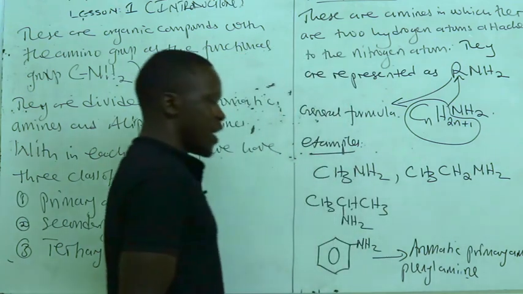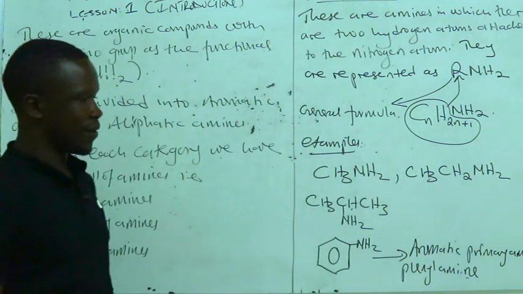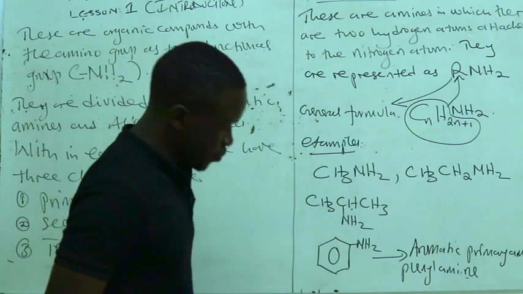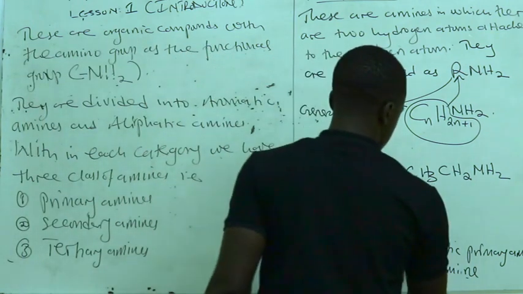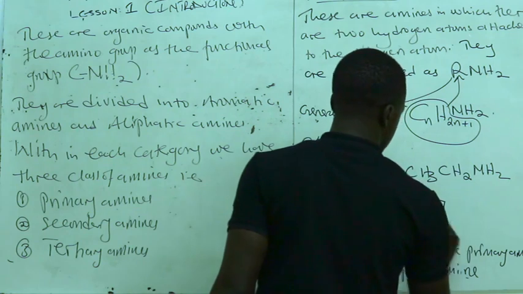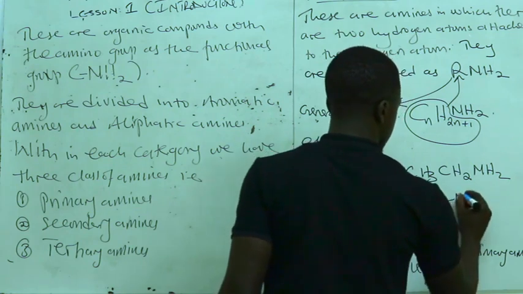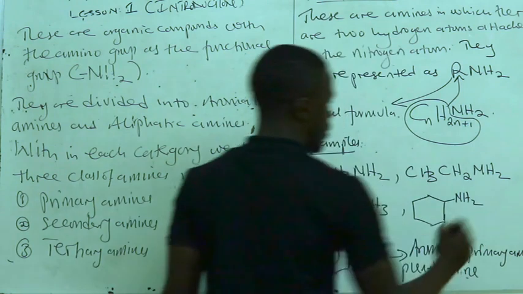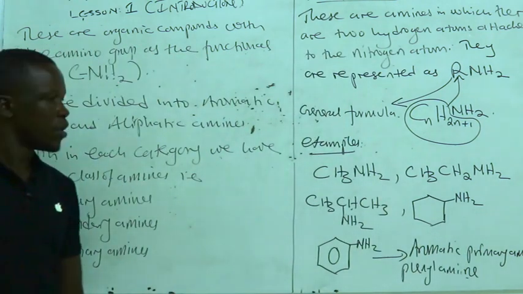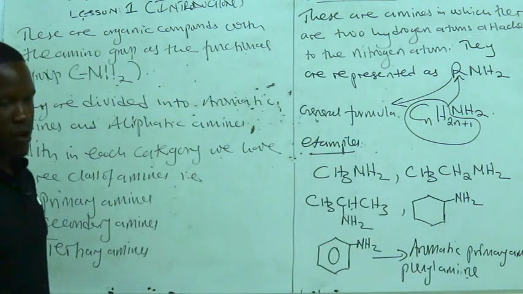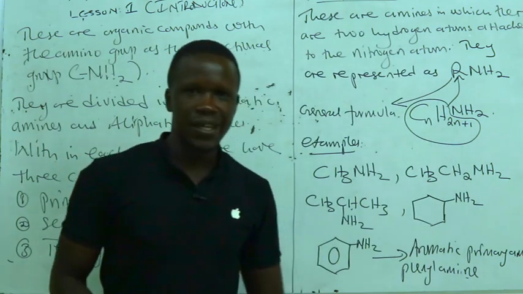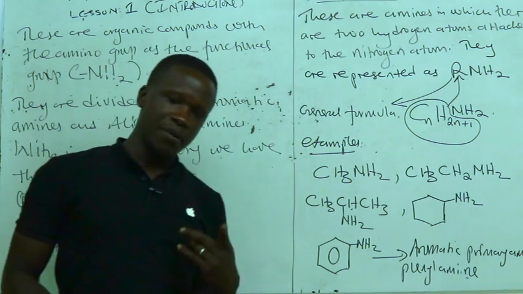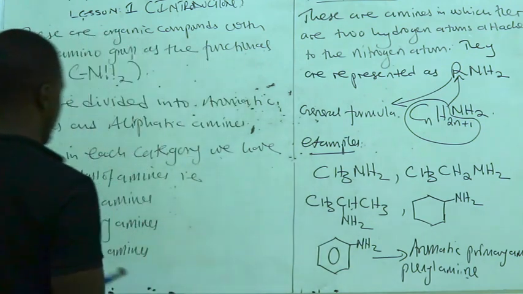Some people will call it aminobenzene. Now, it could as well be cyclic, when it is not aromatic but cyclic. As long as there are 2 hydrogen atoms on the nitrogen atom, then it is a primary amine. So these are what we call primary amines. There are 2 hydrogen atoms on the nitrogen atom.